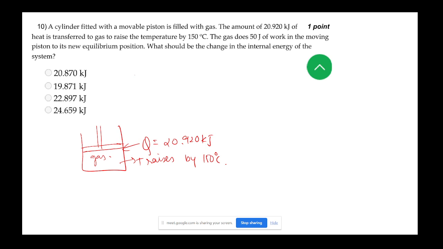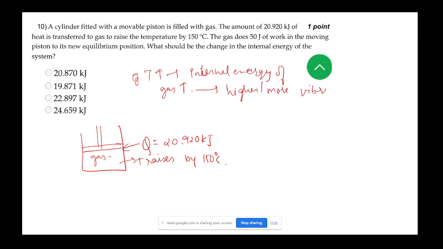As temperature increases, the internal energy of the gas increases, which results in more vibrations and collisions of the molecules of gas.